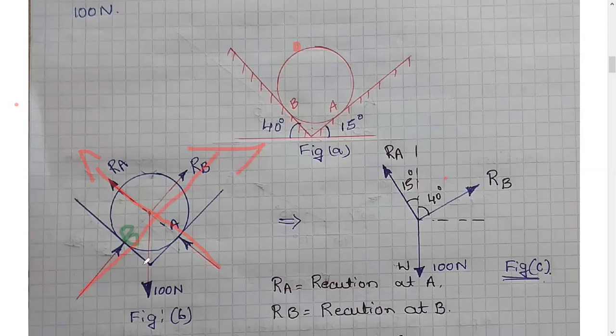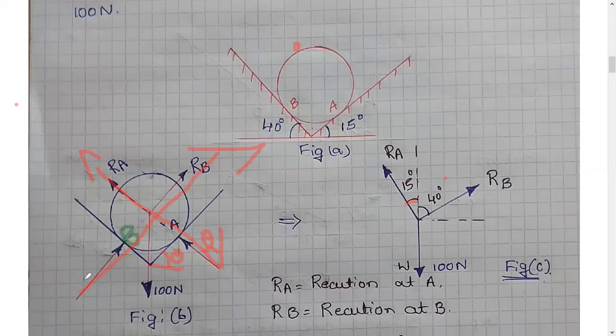Now we know that if this plane makes an angle theta with respect to horizontal, the same theta will form in this plane with respect to vertical. So RA is making an angle theta with respect to vertical. Here you see in the force diagram I have written, RA is making the same 15 degrees with respect to vertical.